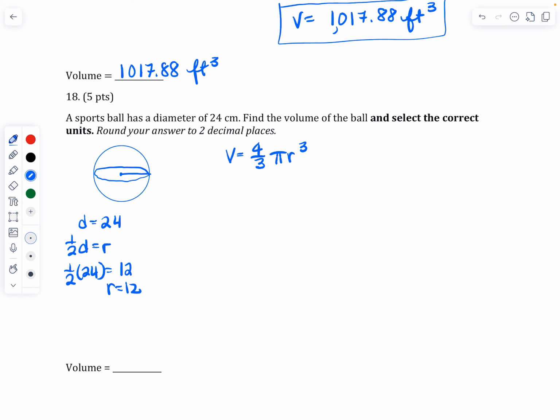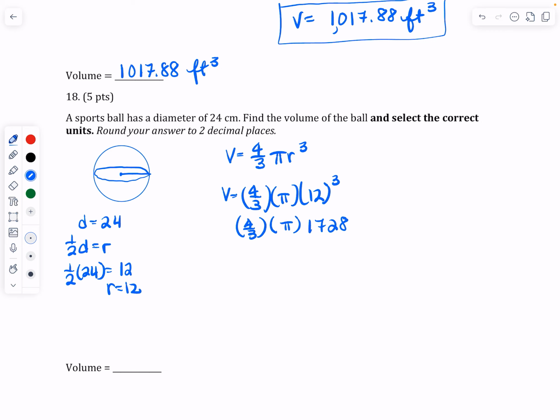Okay, so if I plug and play, I get 4/3 times the pi key times the radius, which is 12 cubed. So let's figure out what 12 cubed is. So 12 times 12 times 12. And when I do that, I get 1,728 times pi times 4/3.